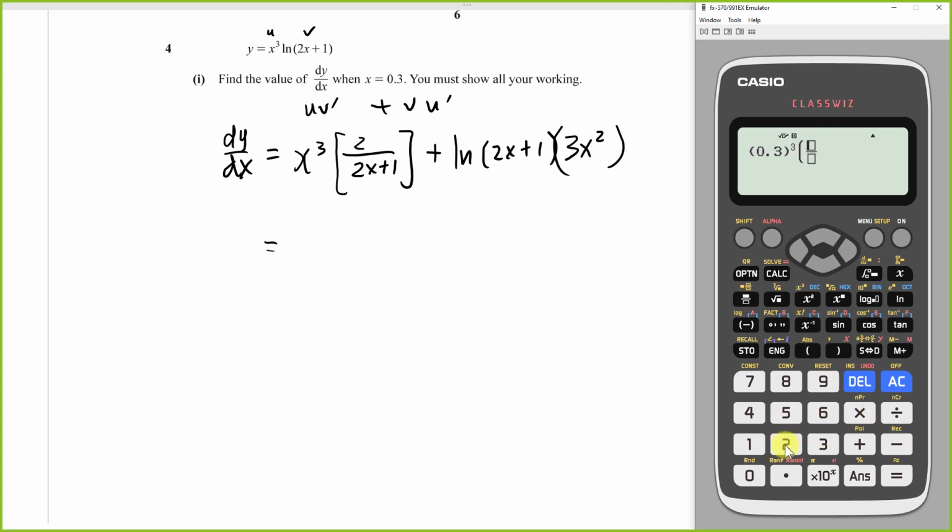It's 2 over 2 bracket 0.3 plus 1, close the bracket, plus ln, 2 multiply 0.3 plus 1, close the bracket, and then open the bracket again, 3 multiply, put a bracket 0.3 squared, close the bracket. Yep, 12.7.